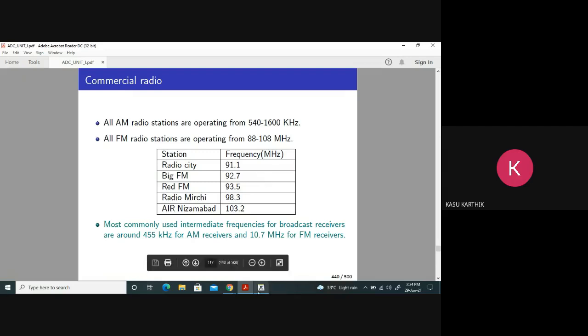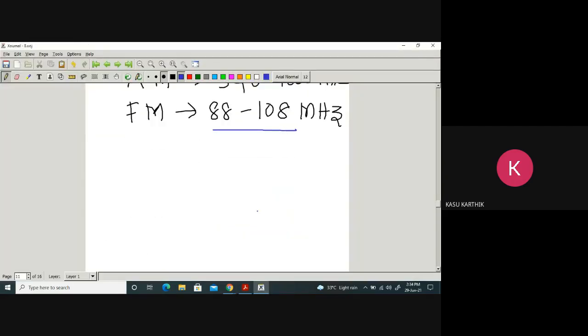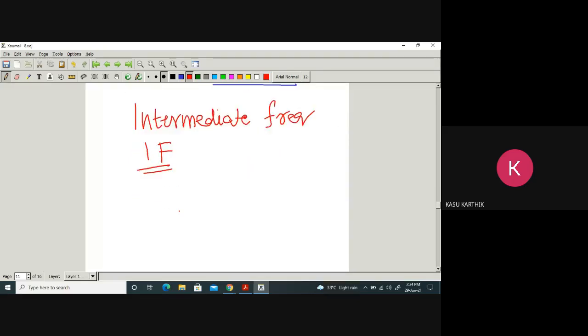Okay. So not only that, there is one more thing. That is something called intermediate frequency. I will tell you about this a little bit later, but just remember intermediate frequency. We call it IF. It is also defined for each and every AM or FM. It is also a standard frequency.